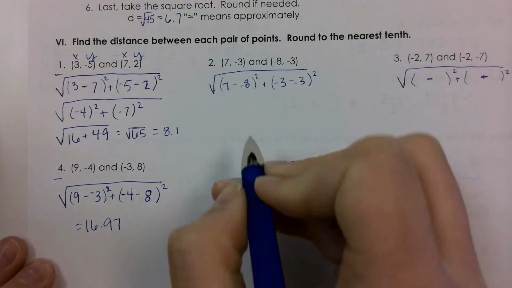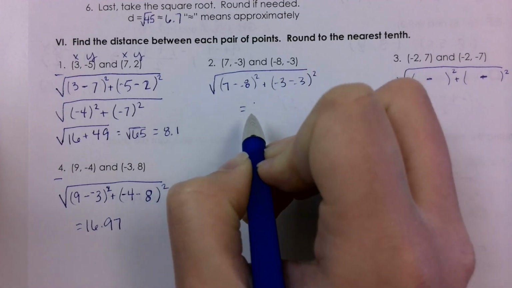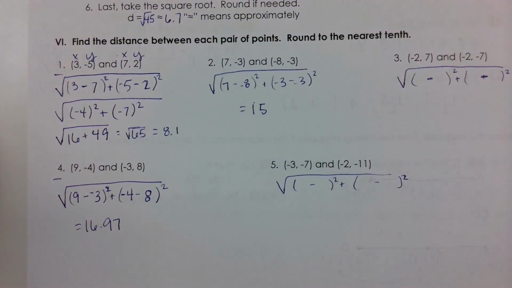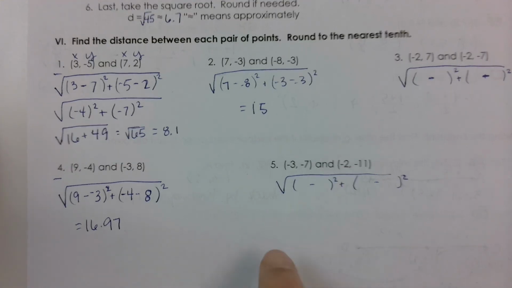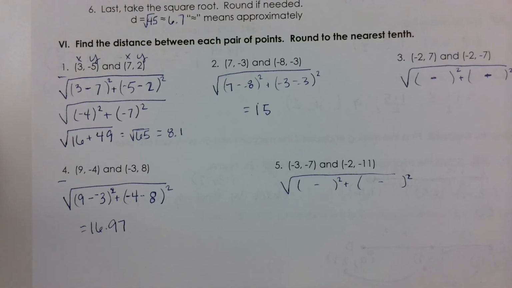Keelan, what's our answer end up being there? 15. Just 15, right? When you take the square root of 225, you get 15. So our final answer is just 15 there, right? So distance is one number as your answer. Midpoint is an ordered pair, right? So is this going to be an ordered pair? No, just one number, okay?